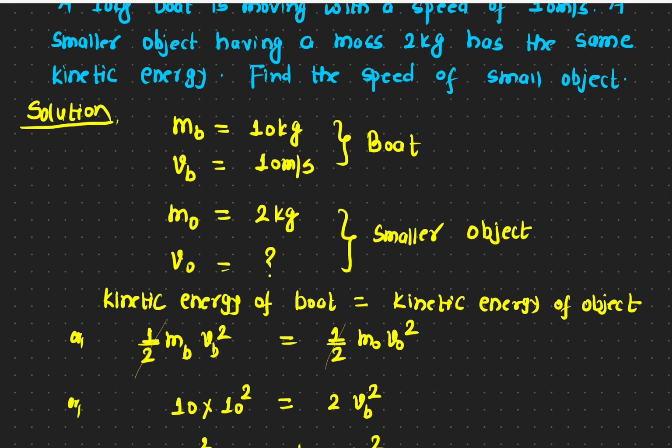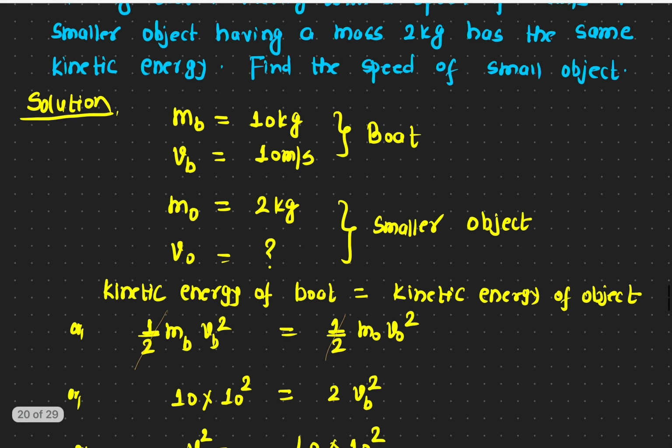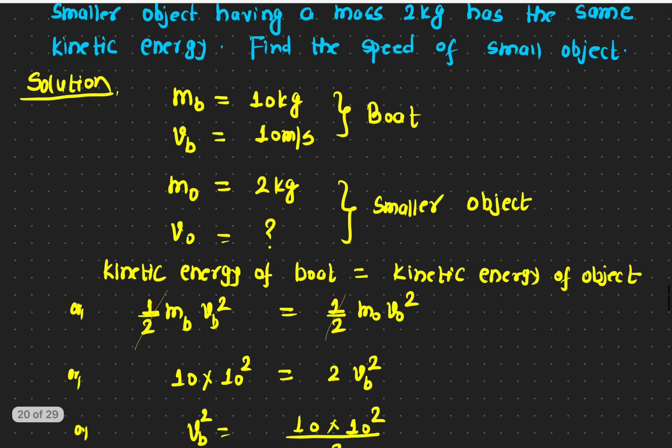Half, that's the mass of the object, and VO squared, that's the speed of the object. This half and this half cancel out. The mass of the boat is given as 10 kilogram. The speed is 10 and it is squared, so we square it. The mass of the object is 2 and the speed we need to find out.